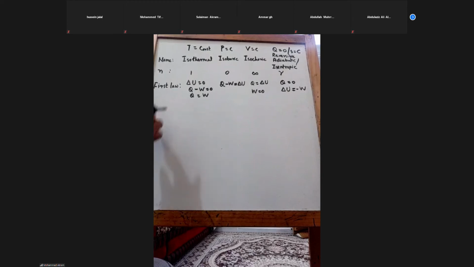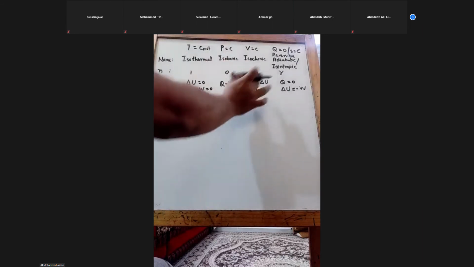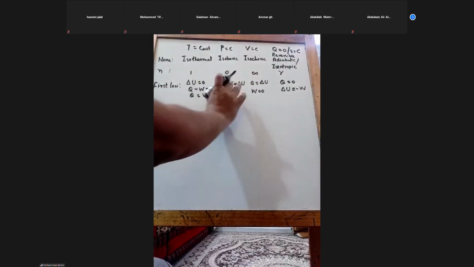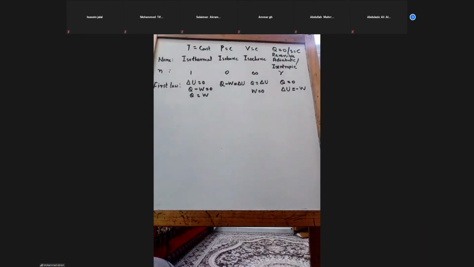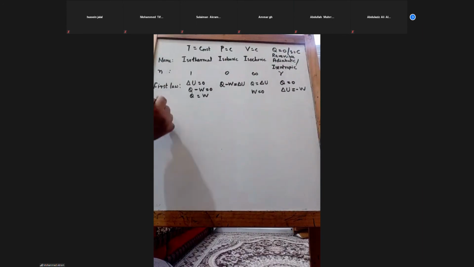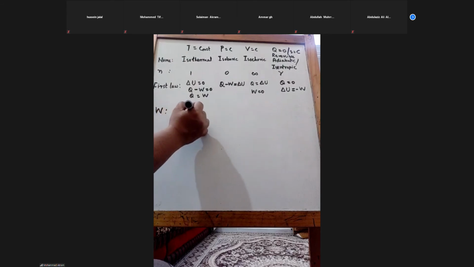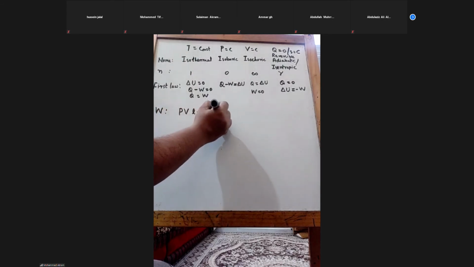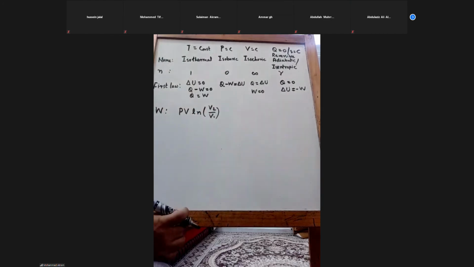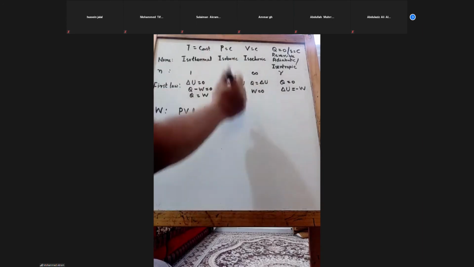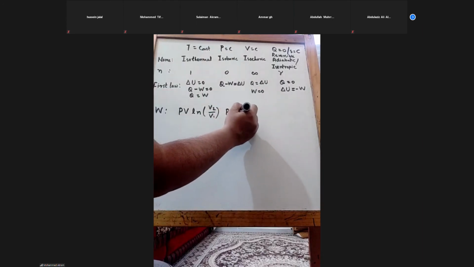So when you apply the first law of thermodynamics, you should know what process is going on, and based on that, you can understand these equations. Now, if work is there, how to calculate the work? This is very easy. I gave this in the morning. Isothermal: PV ln of V2 by V1, so you can write this as P1 V1 or P2 V2. Constant pressure: P into V2 minus V1.